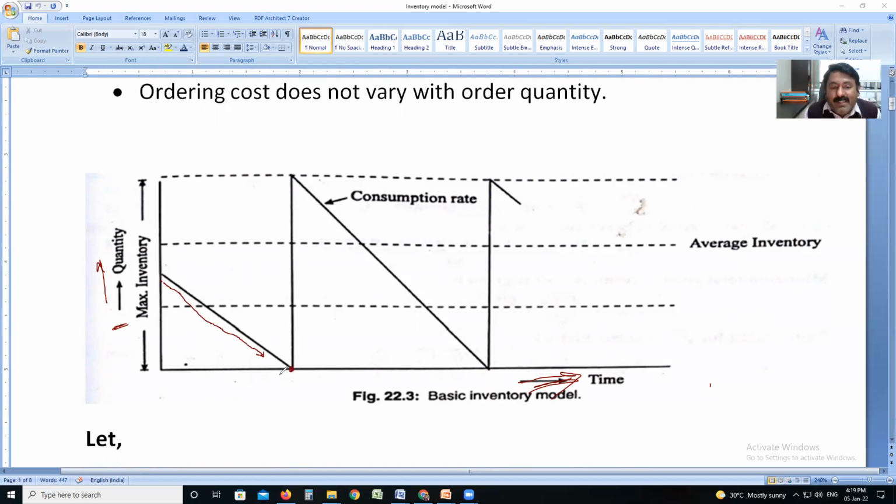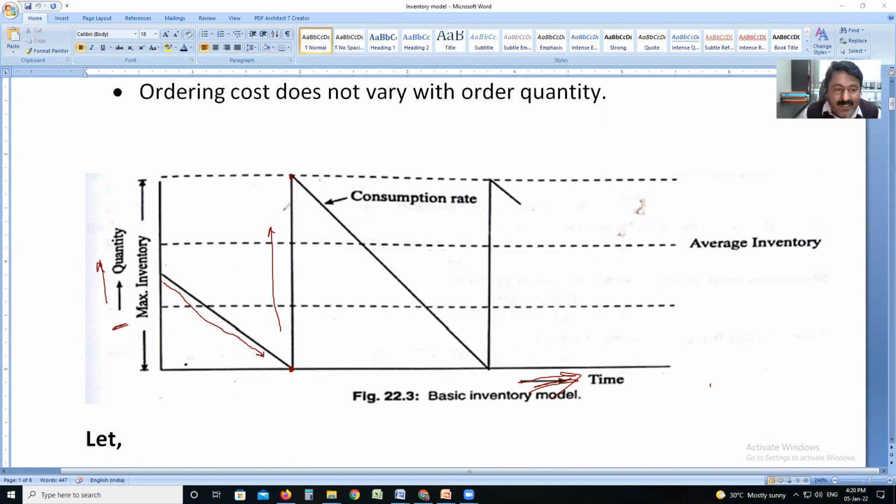We have assumed that the replenishment is instantaneous. No time for the replenishment. Immediately a straight line is shown, and the stock is up to full level. Replenishment is instantaneous; lead time is equal to 0.